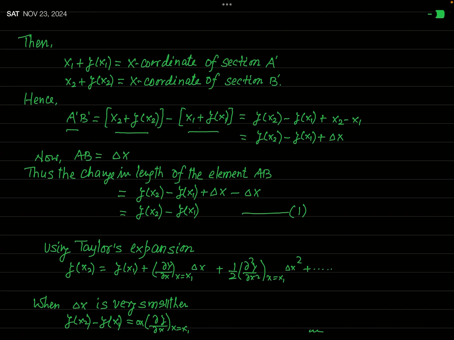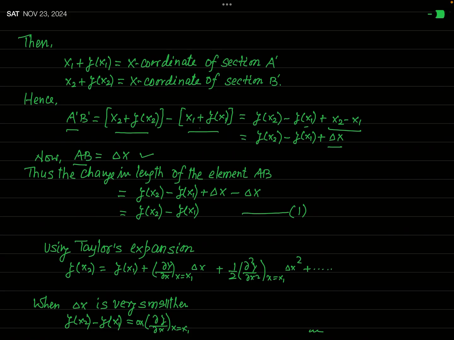And this can be written as y of x2 minus y of x1 plus x2 minus x1. But you know x2 minus x1 is this delta x, the original or undisturbed length of the element AB.